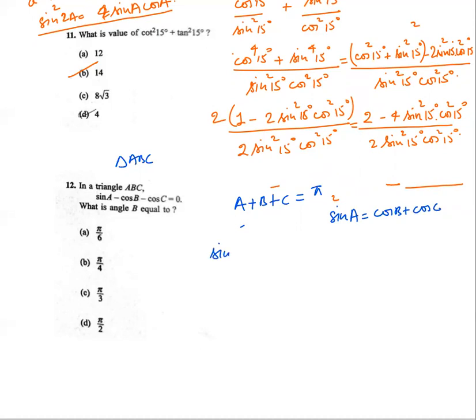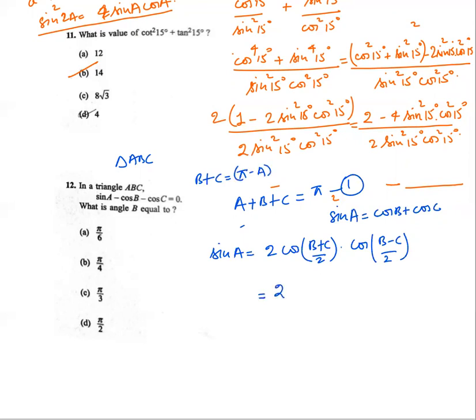Now students, what is the identity for cos C plus cos D? It is 2 cos (B plus C) by 2 into cos (B minus C) by 2. So from equation 1, can I say B plus C is equal to pi minus A? I can say that, right?